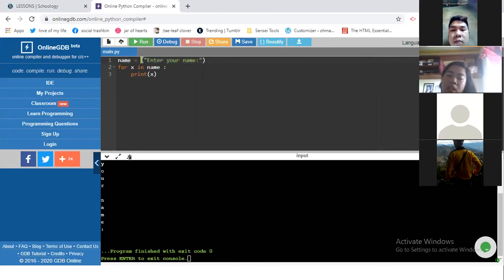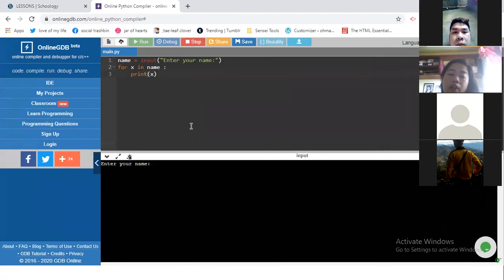Because we're missing the keyword input. Itong code na to, wrong logic. Tama yung syntax, walang syntax error, pero mali yung output. So, we're missing one keyword, input. Enter your name.